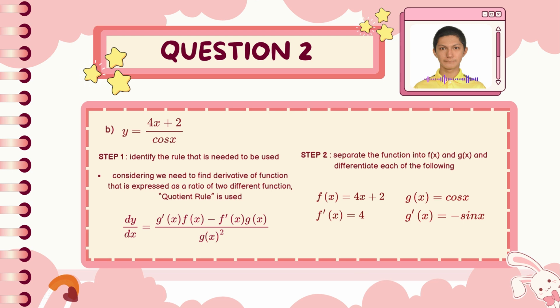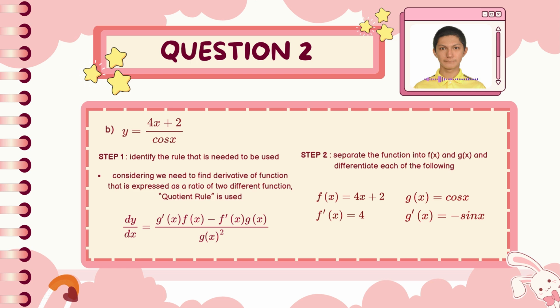For question B, which is 4x plus 2 divided by cos x. First step, we will use the quotient rule for this function, which is dy dx equal to g x f prime x minus f x g prime x divided by gx squared.